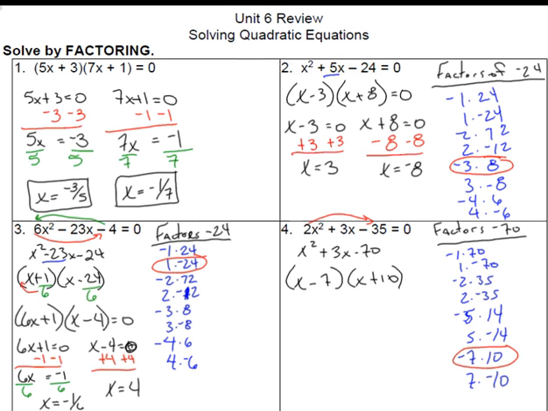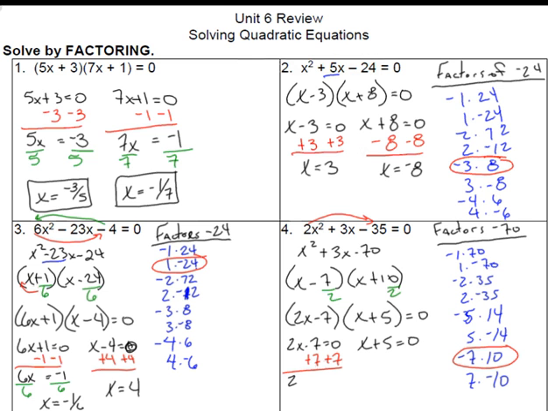I move my 2 back by dividing both of these by 2. 2 does not go into 7 evenly, so that transfers to become 2x minus 7. 2 does go into 10 evenly, leaving a 5. And this is equal to 0. I set each factor: 2x minus 7 equals 0, x plus 5 equals 0. The one on the left, I add 7 to both sides.